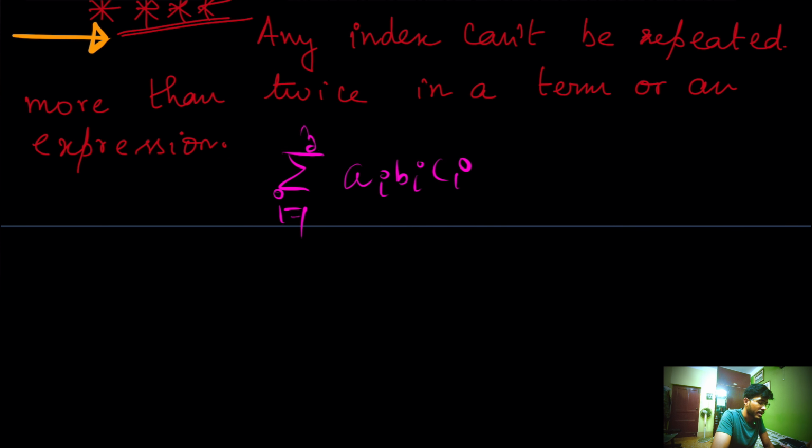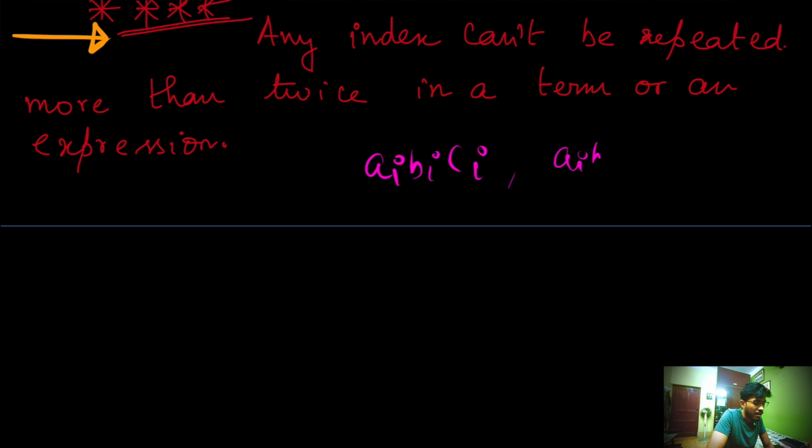But in index notation, summation has nothing to do, and you cannot write AI, BI, CI. You have to write AI, BI, CQ, or any index can be repeated only twice in an expression. If you repeat that index more than twice, then it has no meaning. It is meaningless. So this statement is very important, and we will feel the importance of this statement in our near future.